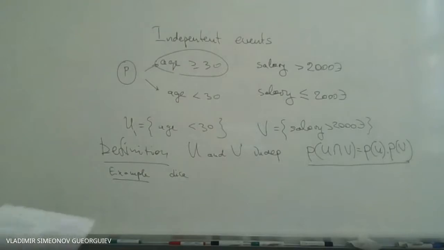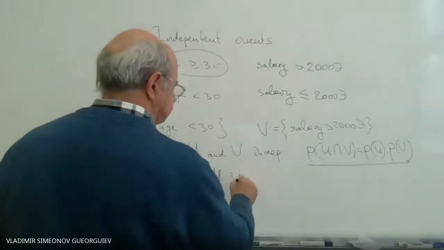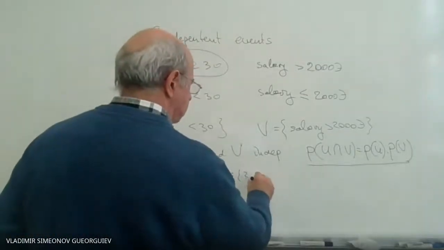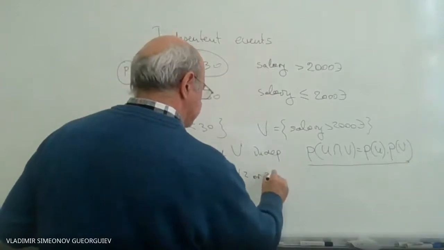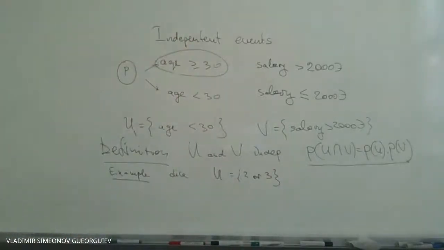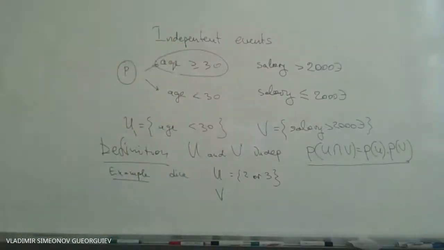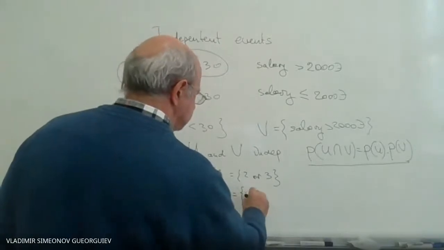We can take U to mean the exit of drawing one dice is 2 or 3. And V, let's say, the exit is an even number.